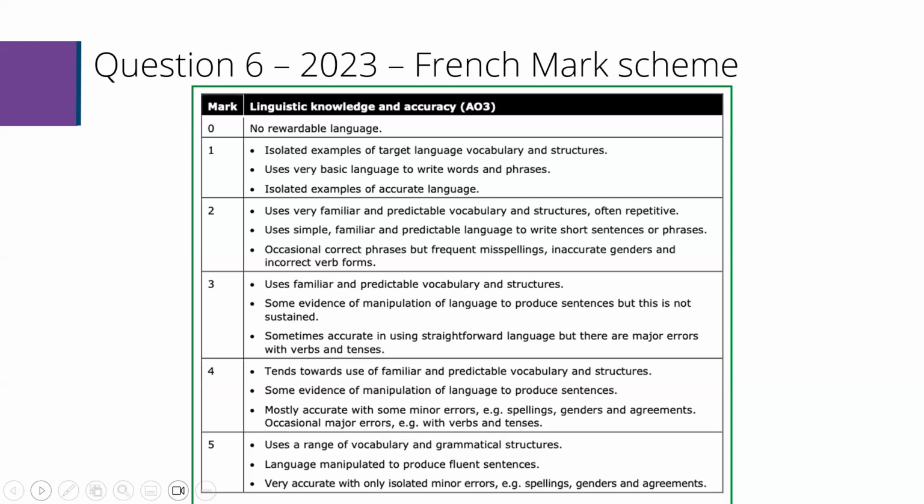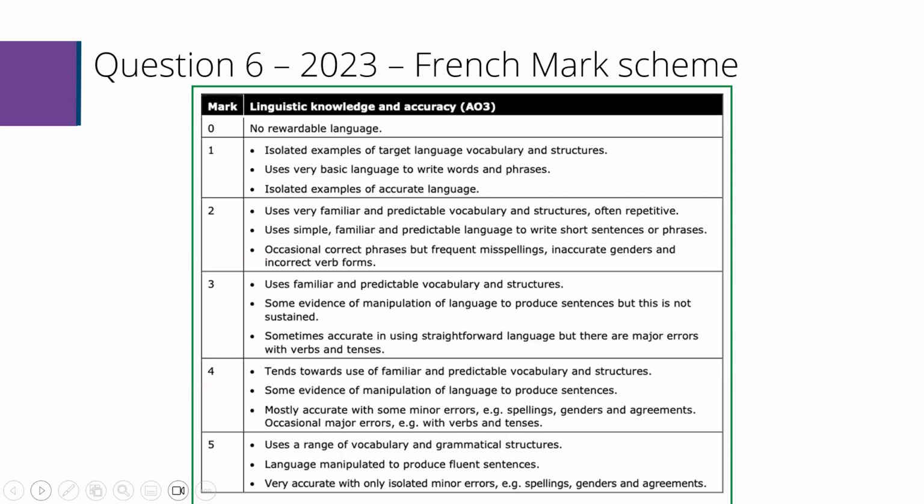And so, for example, a mistake with a gender doesn't stop a French person from understanding what that means. Okay, so if we've got a le instead where we should have la, well, okay, but you can still understand. So that counts as a minor error. It doesn't impede communication.